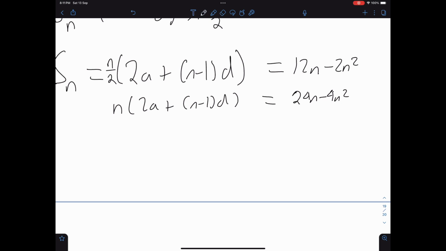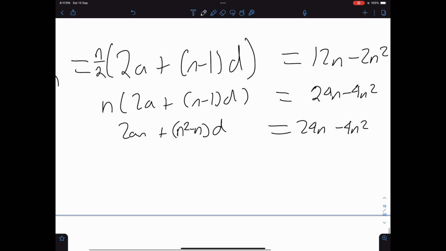expand this, we would get 2an plus n squared minus nd. That's equal to 24n minus 4n squared. And then if we expand that again, the dn squared minus dn is 24n minus 4n squared.